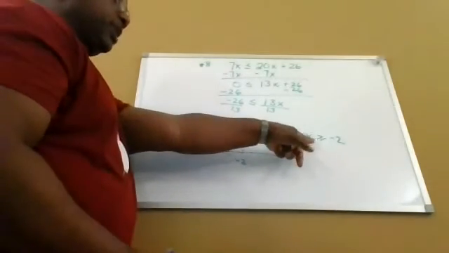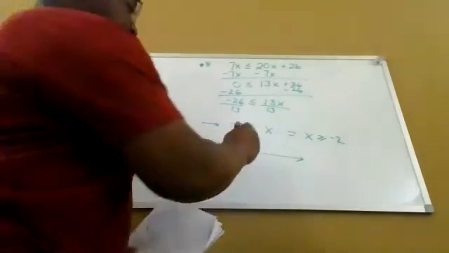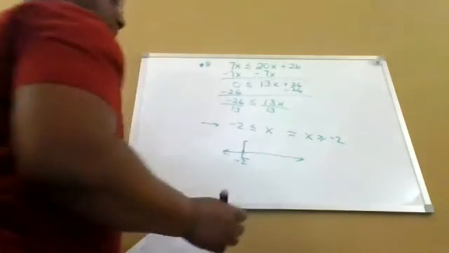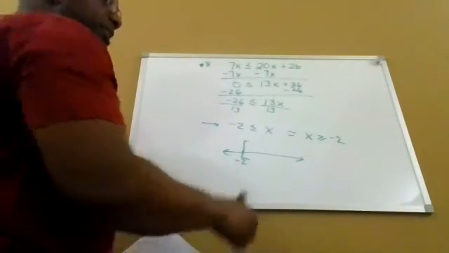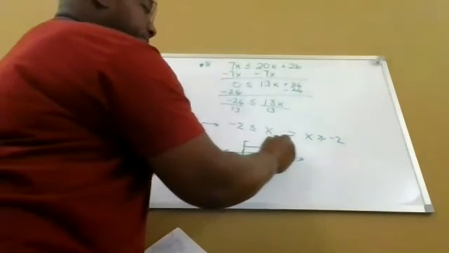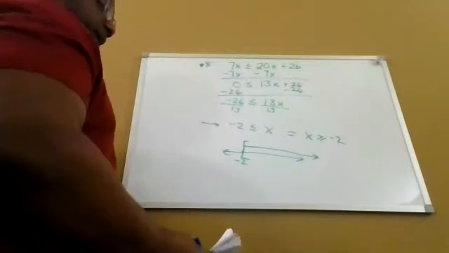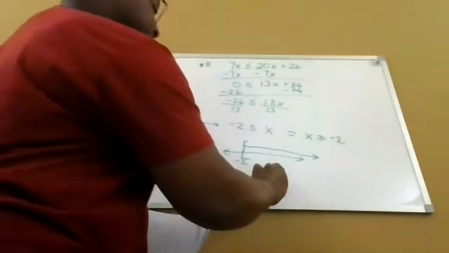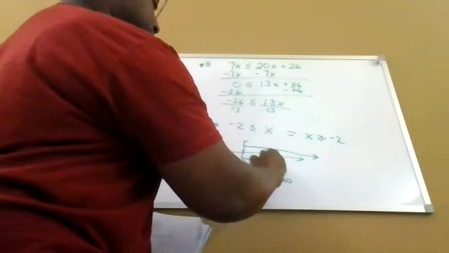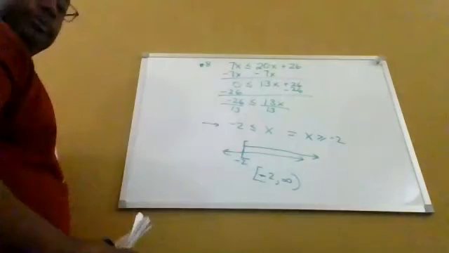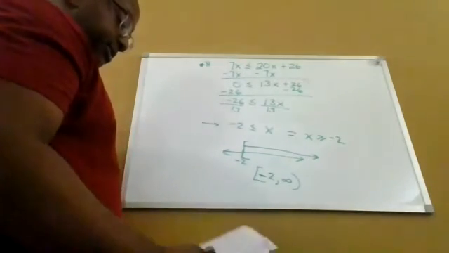And since it's greater than or equal to, we're going to have a square bracket at x equals negative 2, and an arrow to the right to represent all the other x values that will make this inequality correct. And now we want to write this in interval notation. Okay, so that's it for number 8.